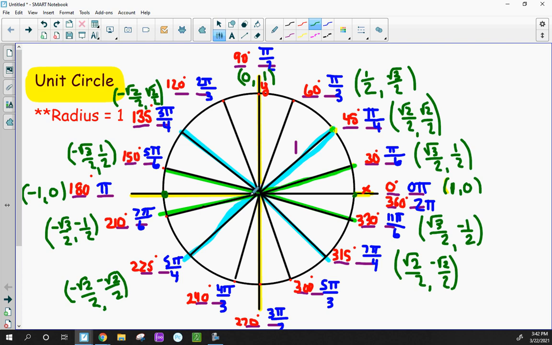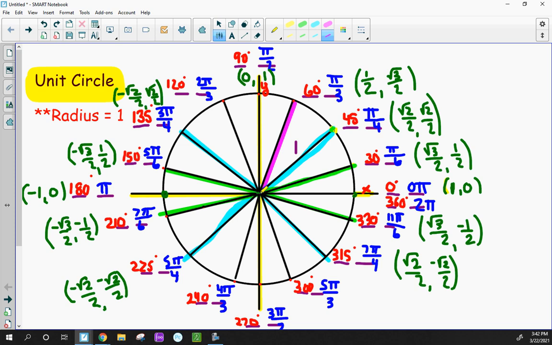Alright, we've got a lot of it finished. Now we're going to go with the ones we've skipped. So let me grab a different color highlighter. Here we go. 60 degrees. That radius is in a similar position. It's close to the y-axis.